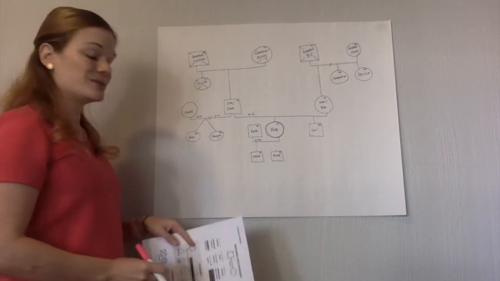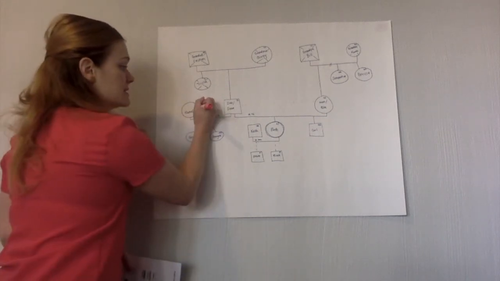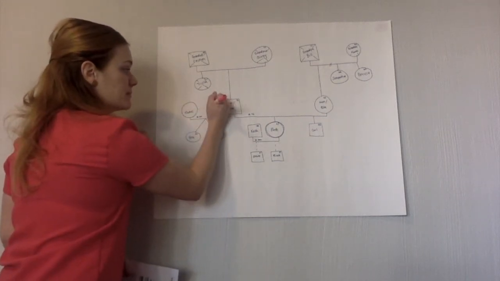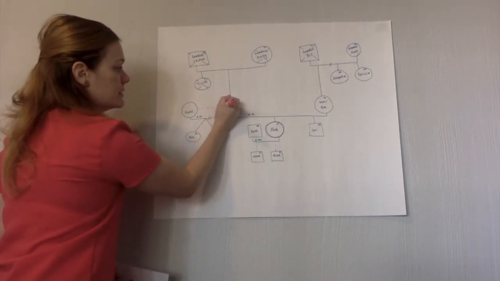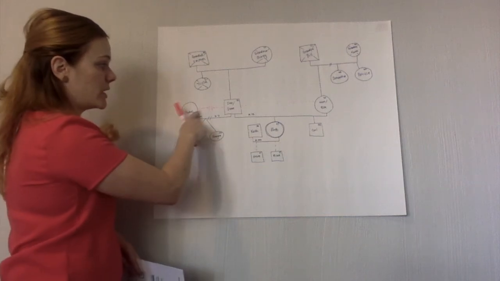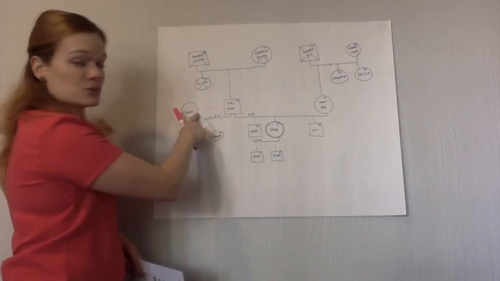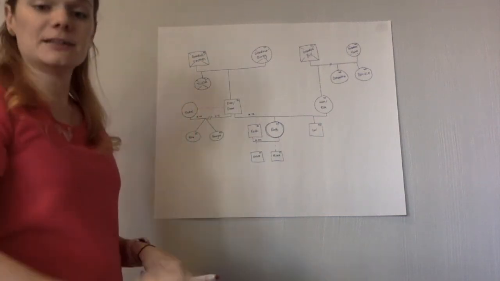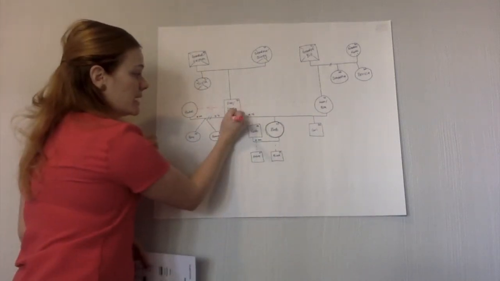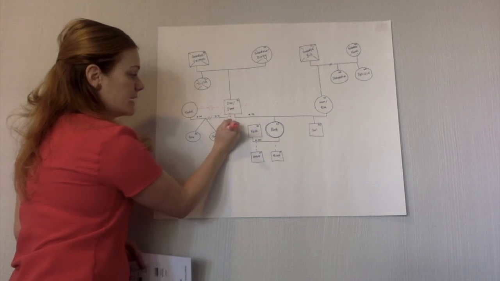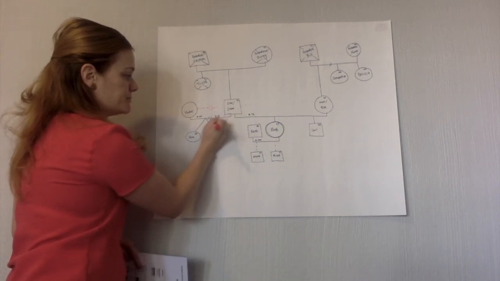So for that, we're going to use the estranged. That's a dashed line with 2 upward lines in it to show estranged. So now we have that line connecting Rachel and Dad, showing that that's an estranged relationship. And we can go ahead and do the same from Dad to these 2 daughters.